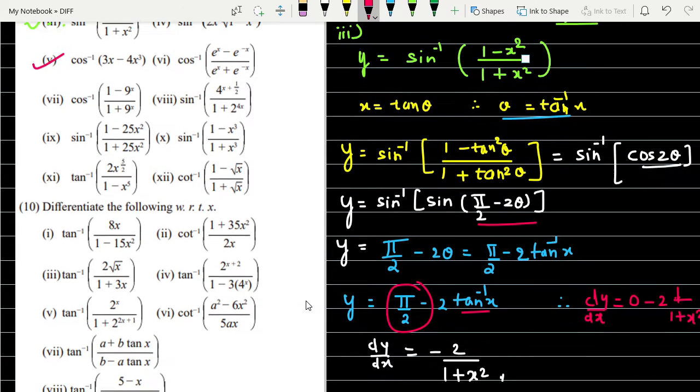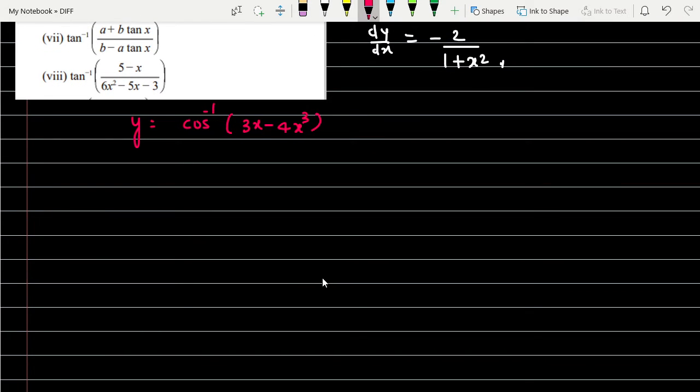See this fifth question, y equals cos inverse of (3x minus 4x cube). So we use a formula.